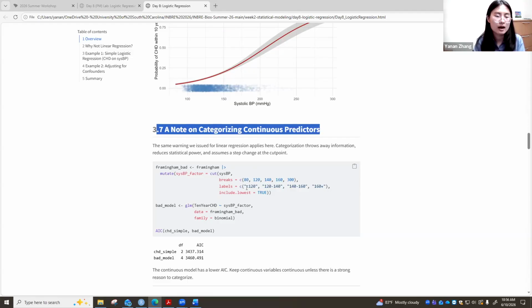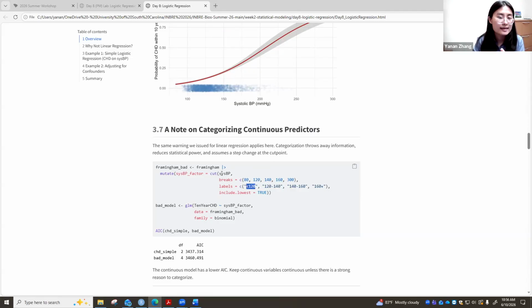For example, here, the researchers might want to characterize the systolic blood pressure into less than 120, 120 to 140, 140 to 160, or 160 or more, which might represent normal, light level of hypertension, medium level of hypertension, and severe hypertension.